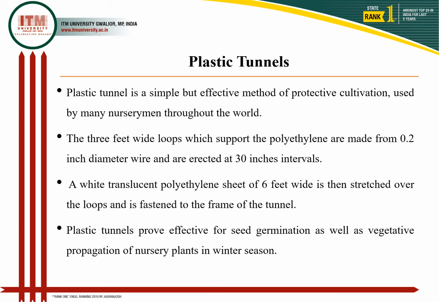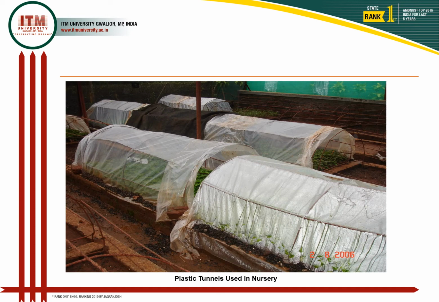White translucent polythene sheets of nearly 6 feet are stretched over the loops and fastened to the frame of the tunnel. So plastic tunnels are able to provide effective seed germination as well as better vegetative propagation under winter. You can see how these small structures have been properly stretched for the cultivation practices.